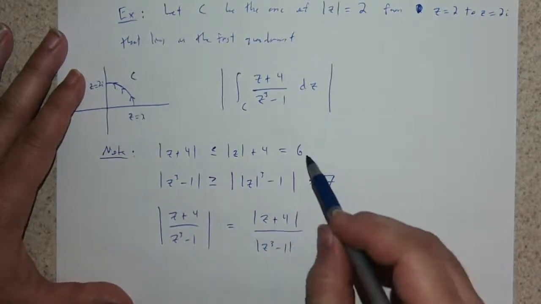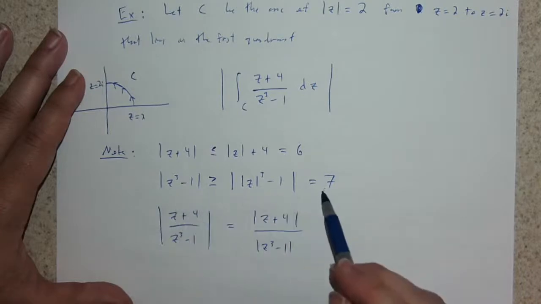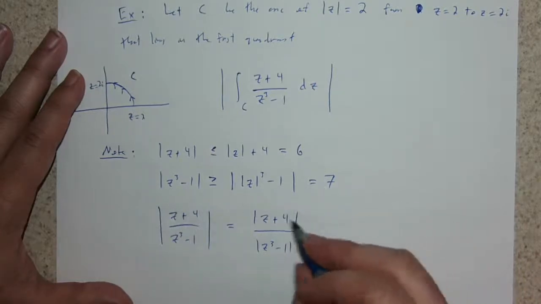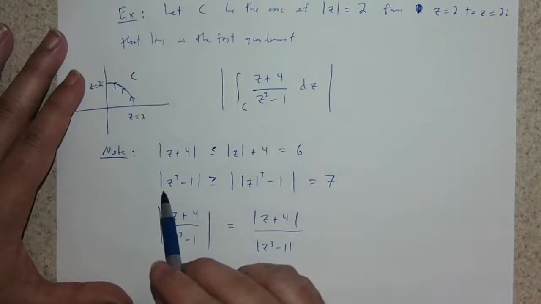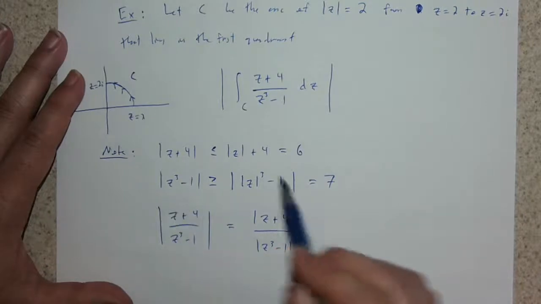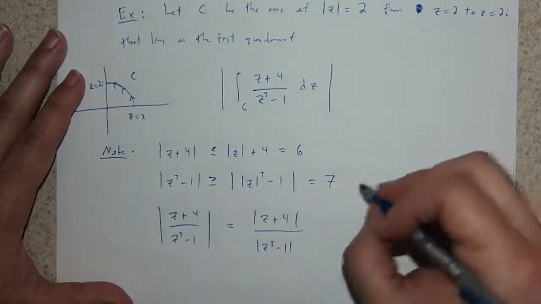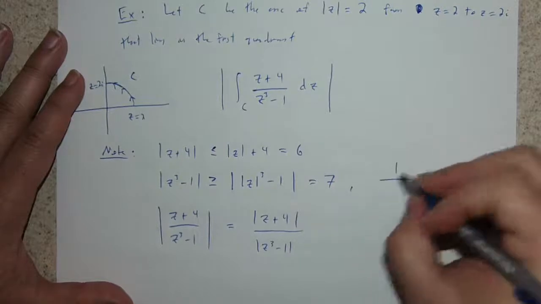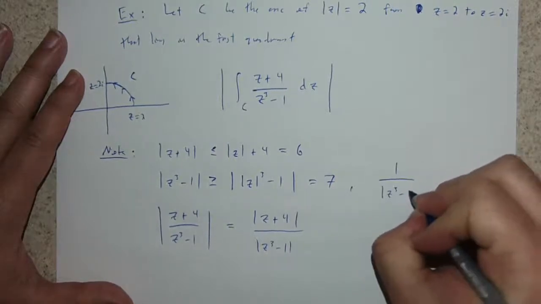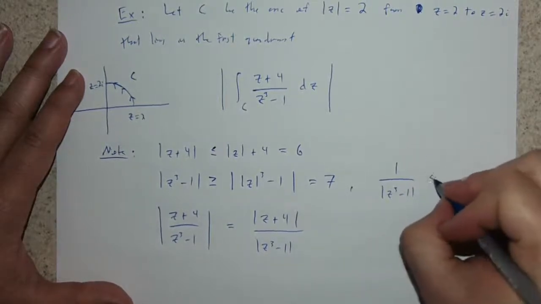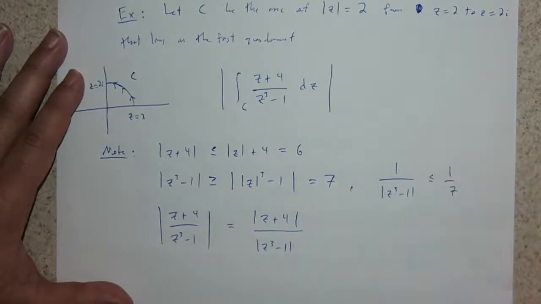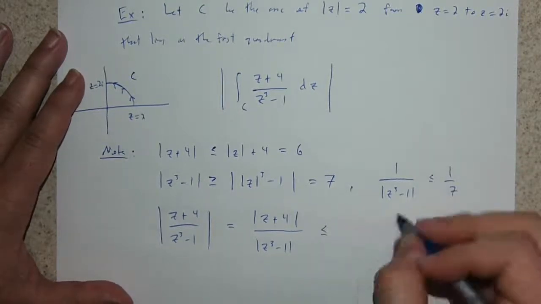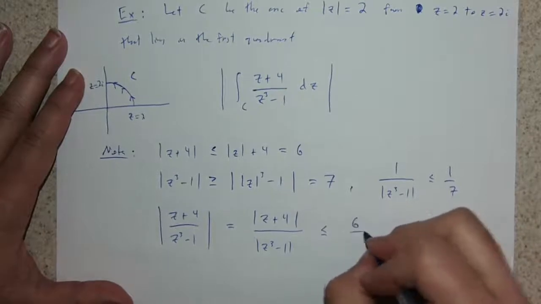So this is less than or equal to 6. This is greater than or equal to 7, which means this fraction, 1 over modulus of z cubed minus 1, is less than or equal to 1/7. Always nice to make sure this goes in the right direction. Now we can say this is less than or equal to 6/7.